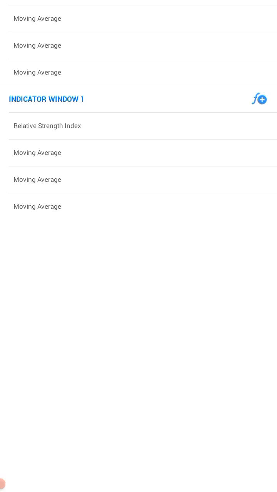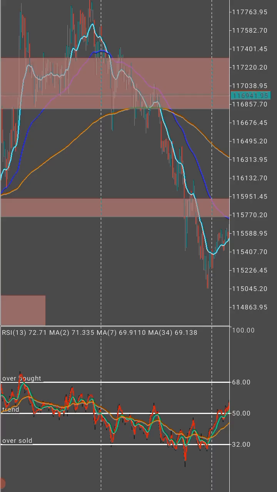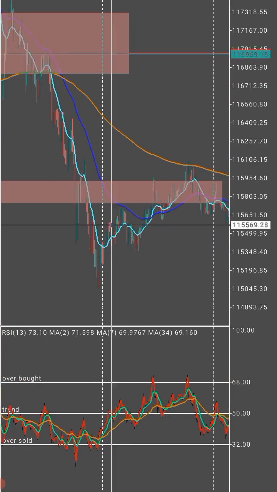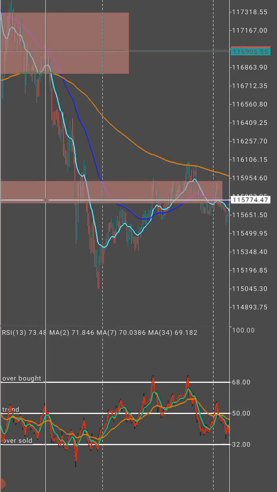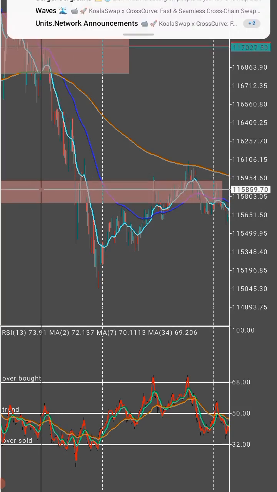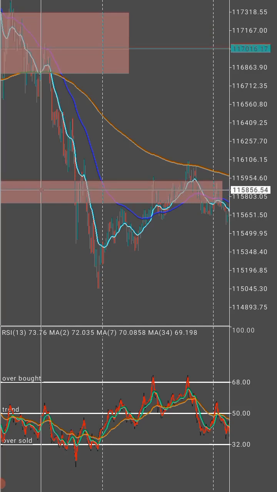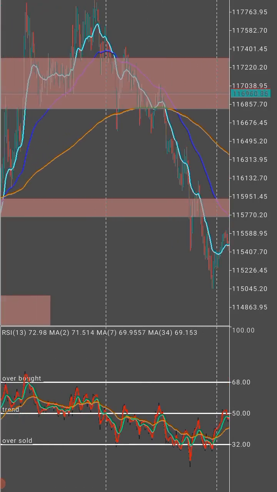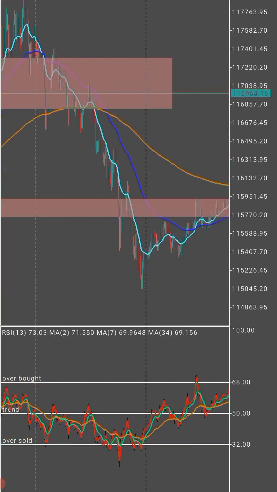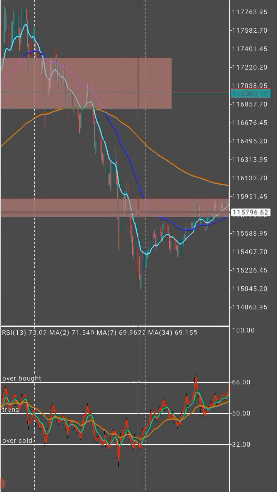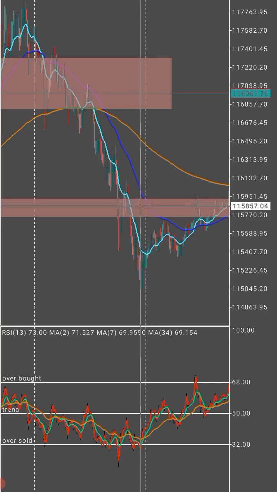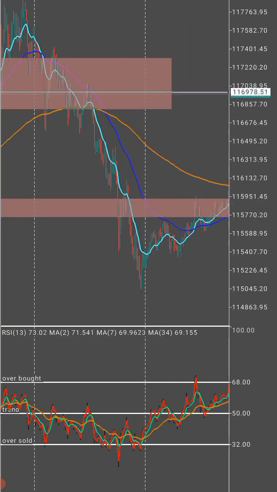So we saw that the market started moving downward. Look at it, it started moving downward here. After moving downward, it broke the previous support. Averagely, we were expecting the market, when it reaches this region, to bounce back and start moving up.